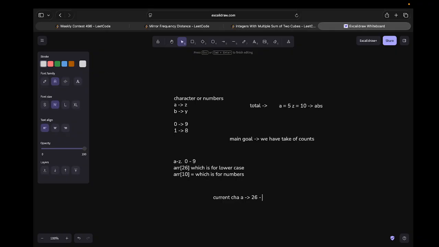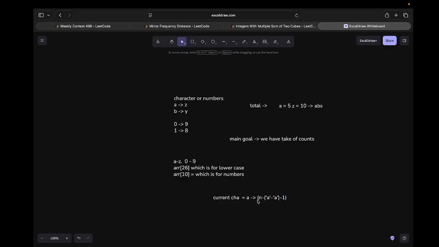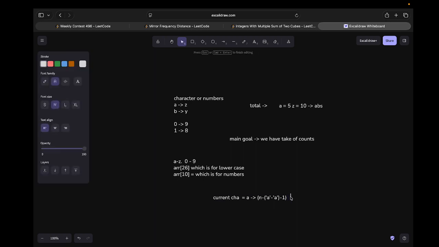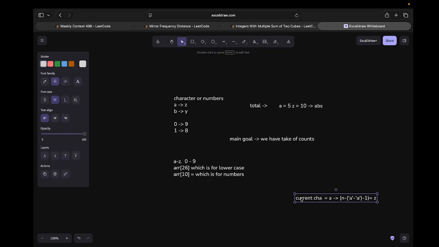If you have worked with arrays, when you want to compare the first and the last element, you do n minus i minus 1. This gives you the last index. We are doing the same thing, but instead of i, we have a character. We subtract the character's position, which gives the index, and that's how we get our mirror index. So for A, the mirror is Z, and the same applies for Z as well.